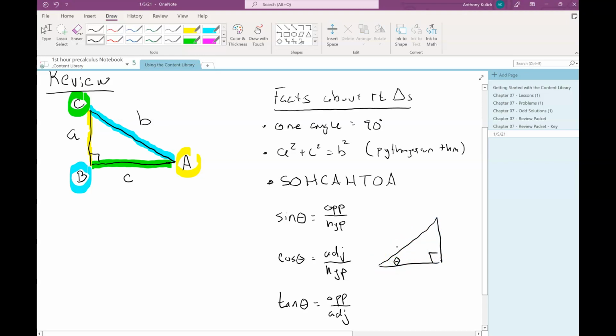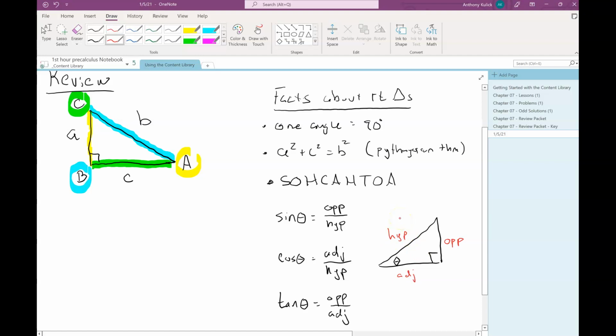So this is my triangle, and the angle theta is the angle that I've drawn in there. The opposite side would be this one, the one across from the angle. The adjacent side is one of the arms of the angle that is not the hypotenuse of the triangle.